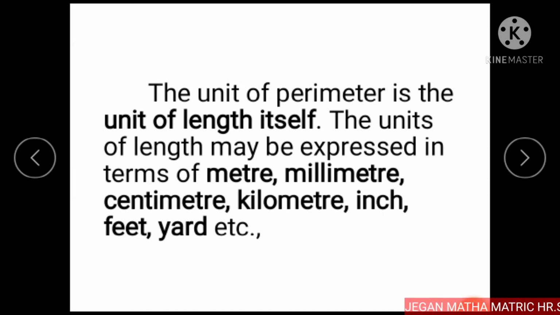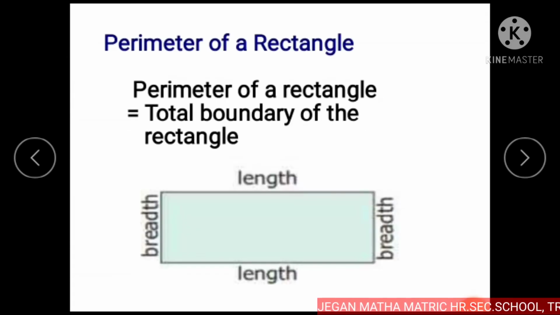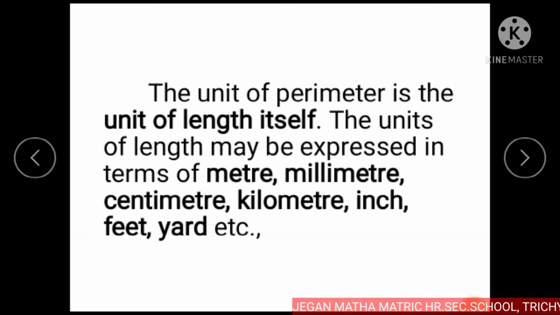The unit of length may be expressed in terms of meter, millimeter, centimeter, kilometer, inch, feet, yard, etc. The word perimeter is derived from the Greek words peri and metron, where peri means around and metron means measure.